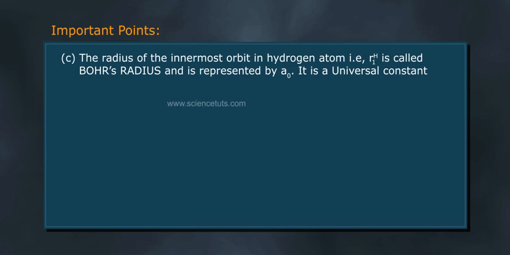C. The radius of the innermost orbit in hydrogen atom, that is r1H, is called Bohr's radius and is represented by a0. It is a universal constant.